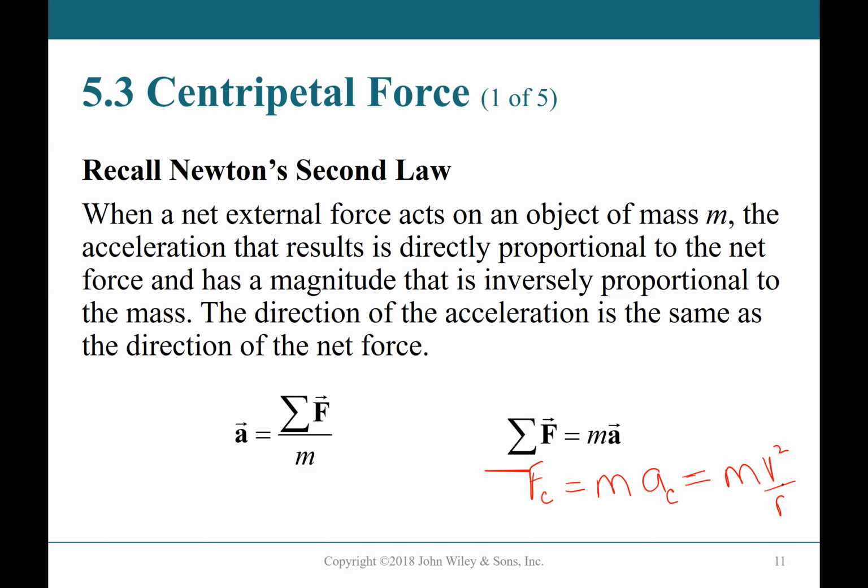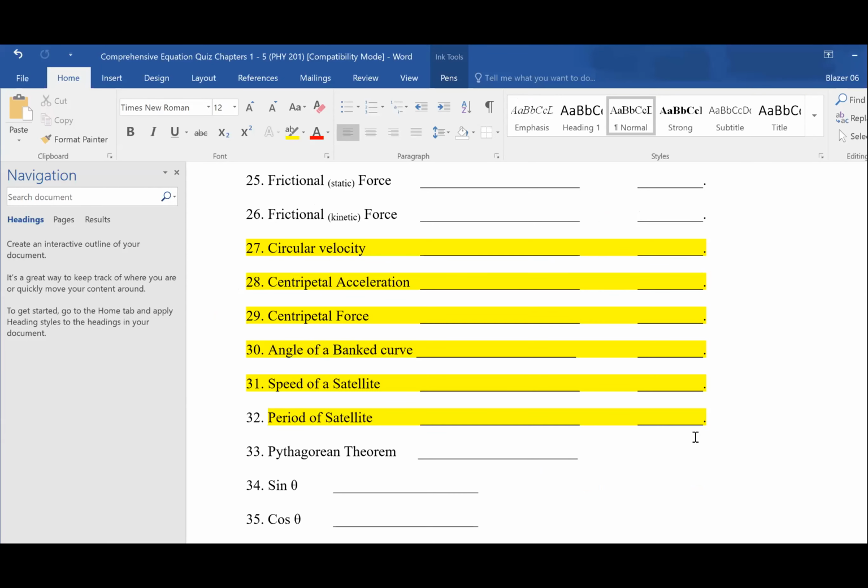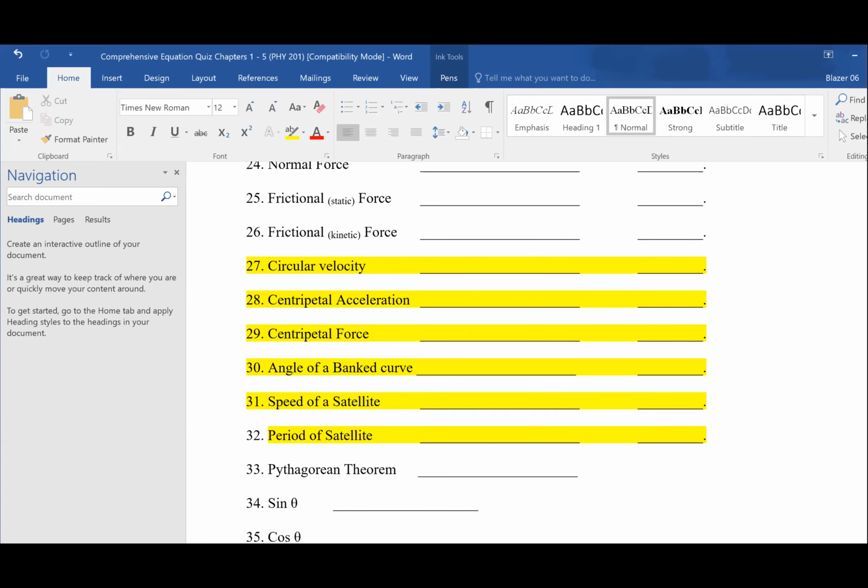So on your worksheet, here on your worksheet, centripetal force, you need to say that the centripetal force F sub c we know is mass times a sub c, which is mass times v squared over r.